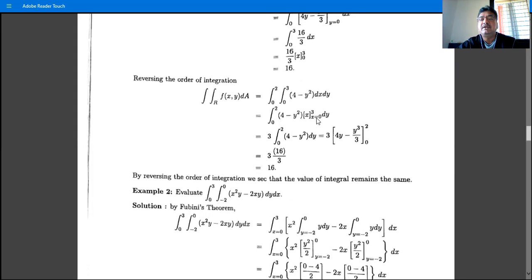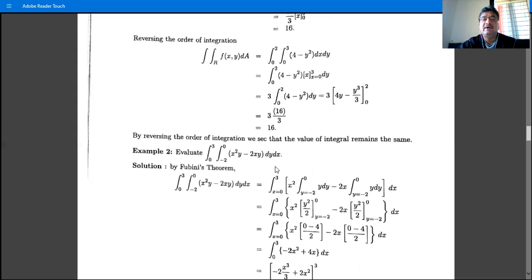The value at the upper limit is 3 and at the lower limit is 0, so take that 3 outside the integration. Then the integration of 4 is 4y, and of y square is y cube by 3, from 0 to 2. Substituting y as 2, we have 16 by 3, and y as 0 we have 0, so again we have the same answer.